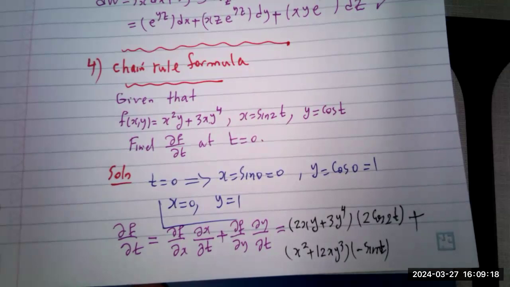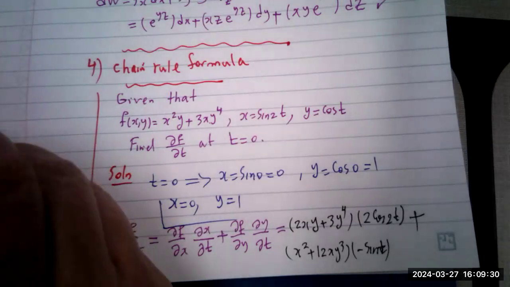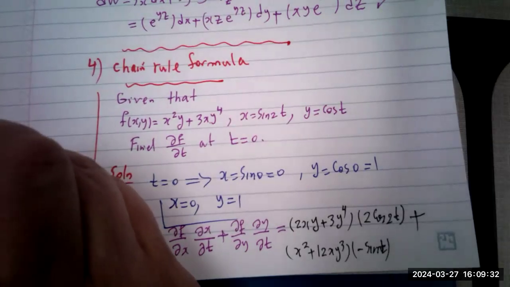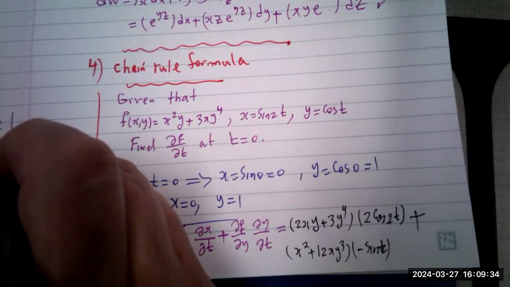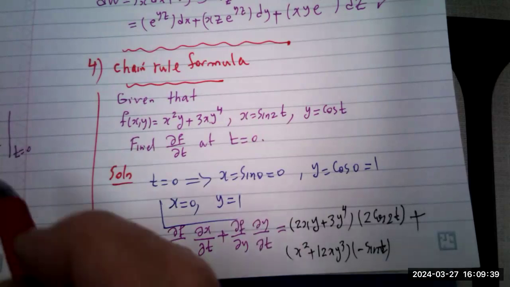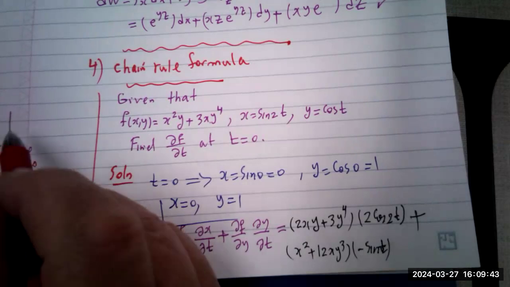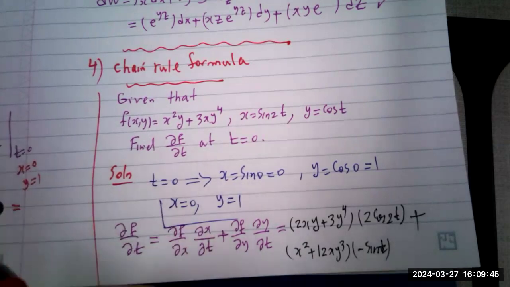Now you are going to evaluate that when t is equal to 0. We know that t equal to 0 gives x equal to 0 and y equal to 1. So ∂f/∂t at t equal to 0.